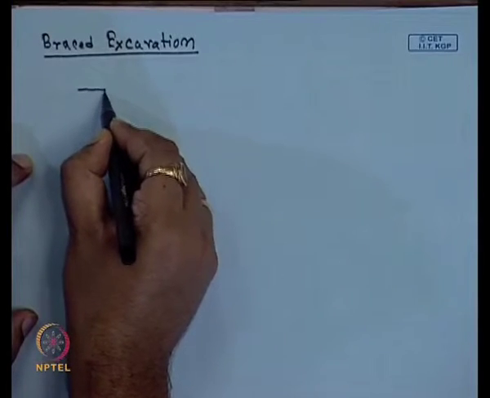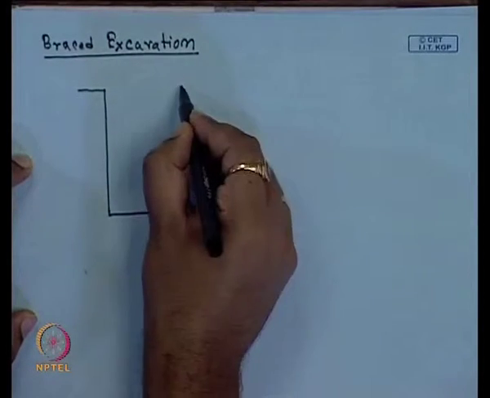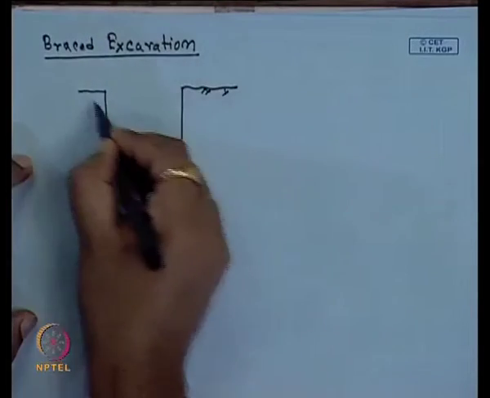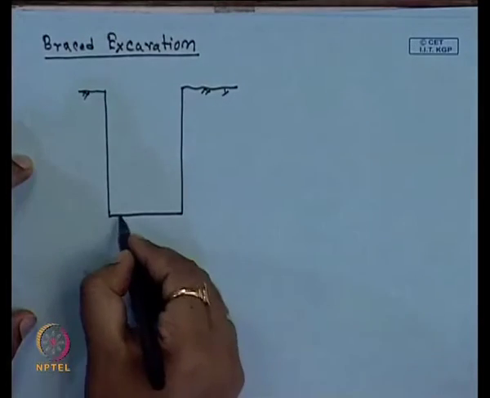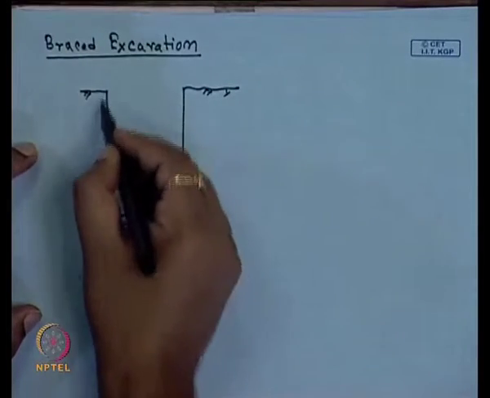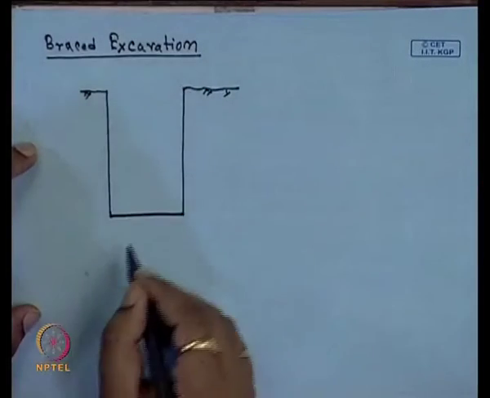Now, what is sheet base excavation? Suppose we have one excavation level in this form. This is the existing ground level, and here is the bottom of the excavated area. So, this portion is excavated, where soil is taken out.